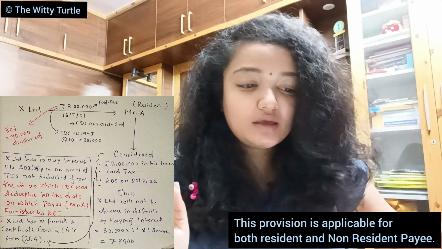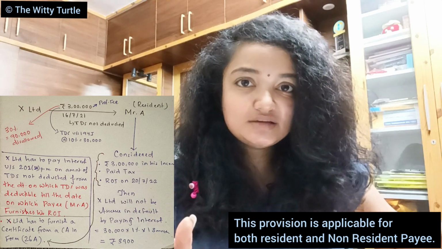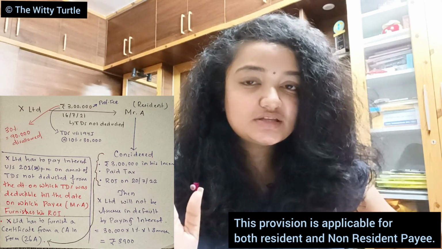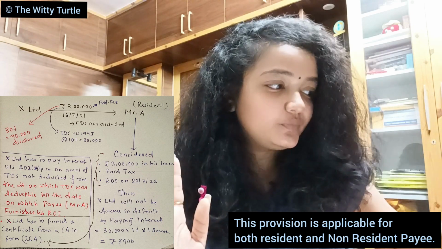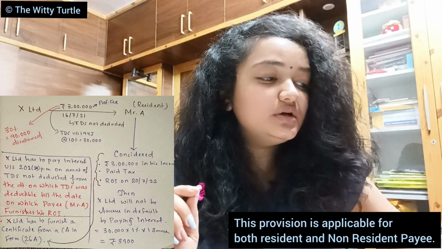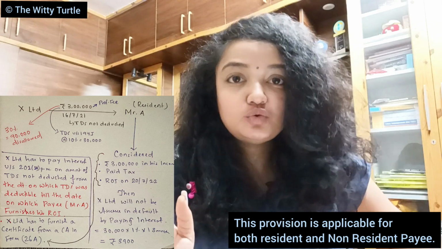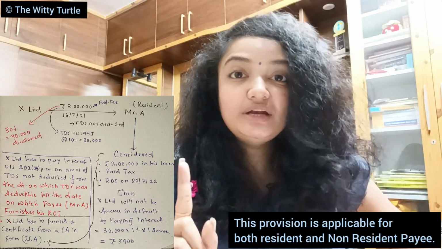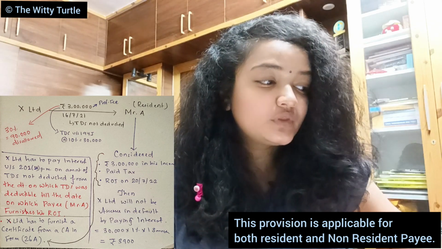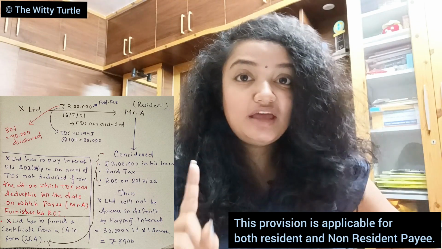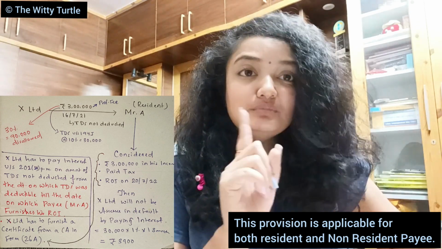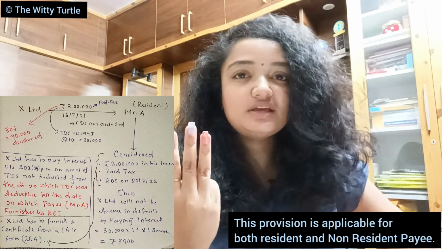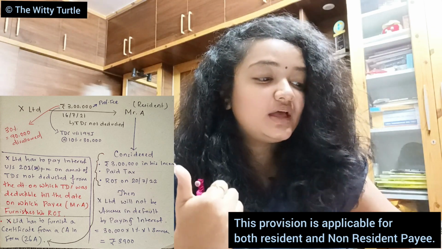Payee is Mr. A. So it says that X Limited forgot to deduct TDS on the amount paid to Mr. A, and shall not be deemed to be an assessee in default, if such payee, which means if Mr. A, does three things.